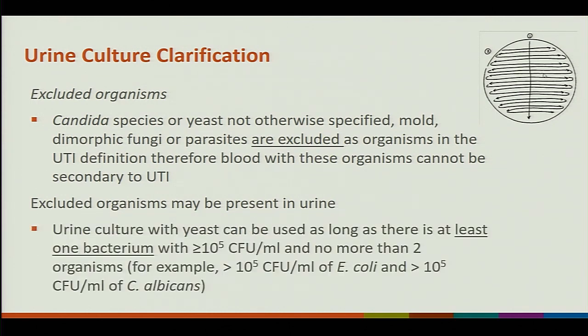A urine culture with yeast can be used as long as there is at least one bacterium greater than or equal to 100,000, and no more than 2 organisms. For example, greater than 100,000 CFU/mL of E. coli and greater than 100,000 colonies of C. albicans is an acceptable culture result that you can use as an element.